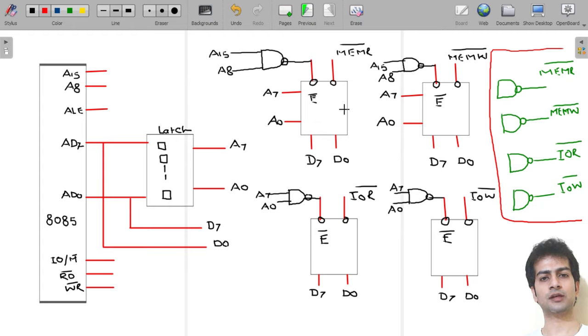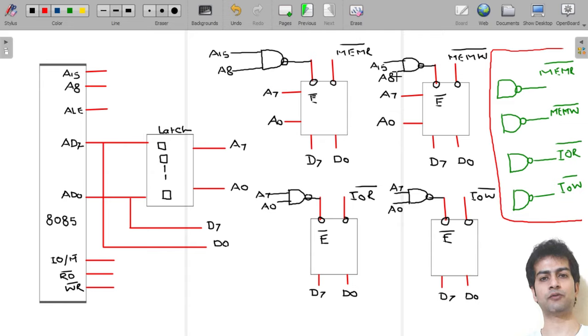First, let's see what the range of these two memories is. Suppose I keep everything the same. Here also A7 to A0, and here it is A15 to A8.